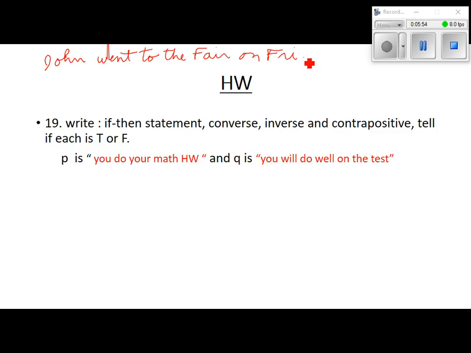How could we make that an if and then statement? If John went to the fair on Friday. Say it again. If and then statement, what's it got to have in it? If John went to the fair, then it is Friday. I would accept that as an if and then statement.